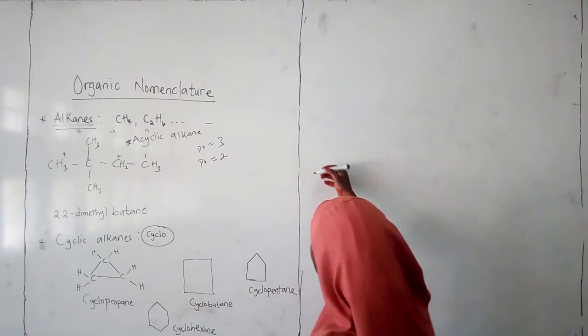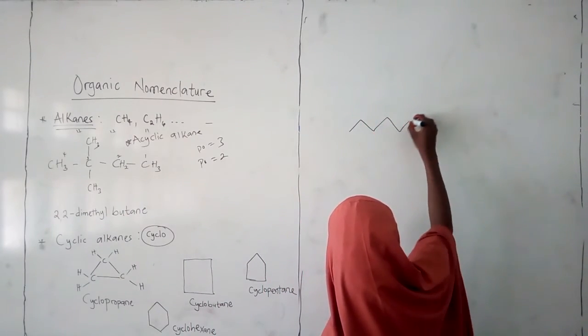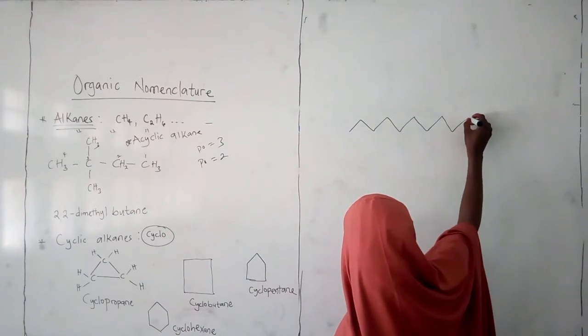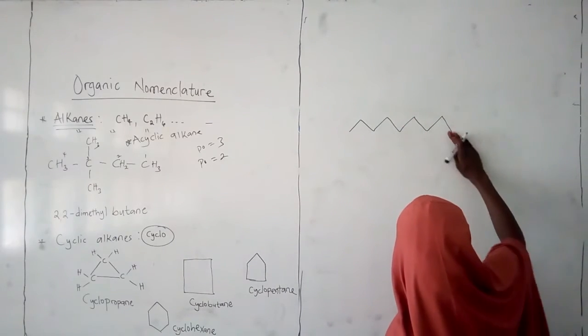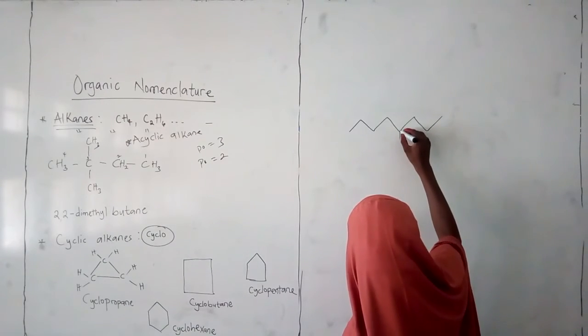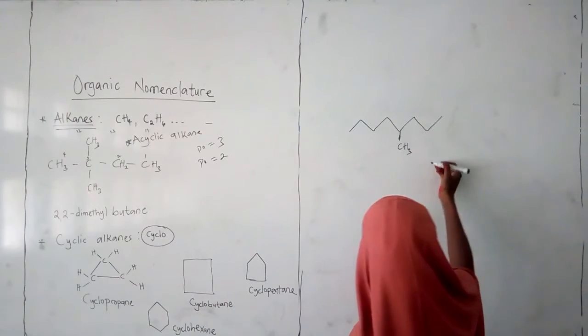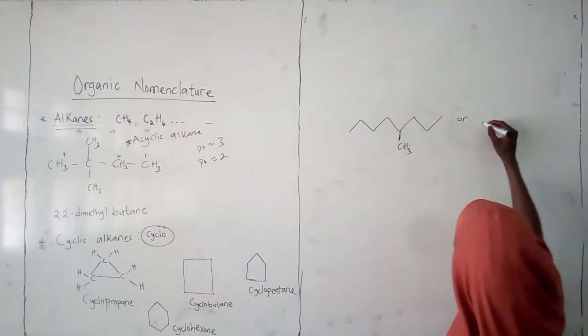So now sometimes we can see compounds like this. We can see something like this. Or sometimes it can be written like this.